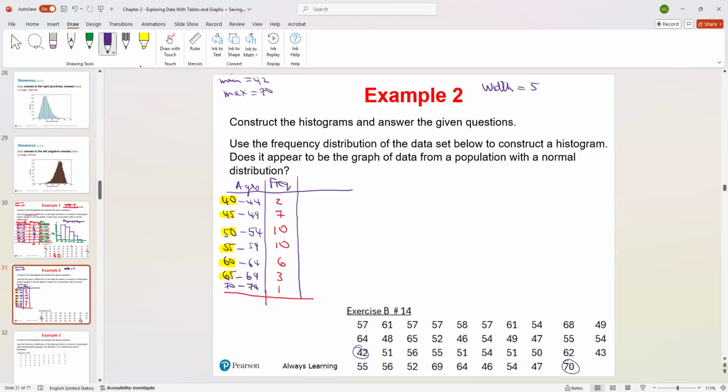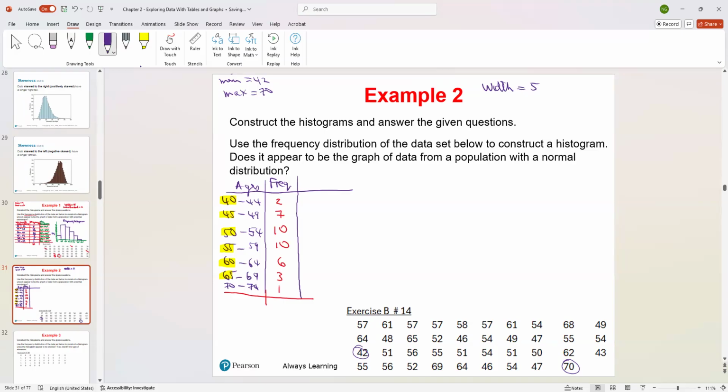The reason why I'm connecting all those homework problems together is because it makes it much easier to work with the data when we can use the same data set to answer multiple questions. So what we're going to do here, because we know the width, all you need to do is add the width each time to the lower limit. First lower limit is 40, plus 5, 45, 50, and wherever you start the next class, you subtract one for the upper limit.